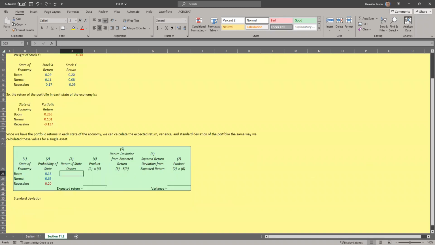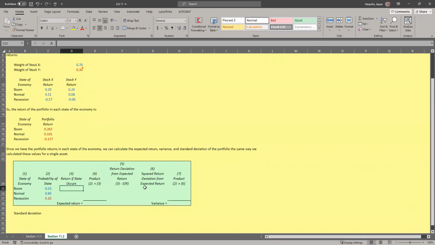So what is the return if the boom happens? Well, we already calculated that for the portfolio up here, so we can just equal it to that. And that's what we should get on average if there's a boom in the economy.